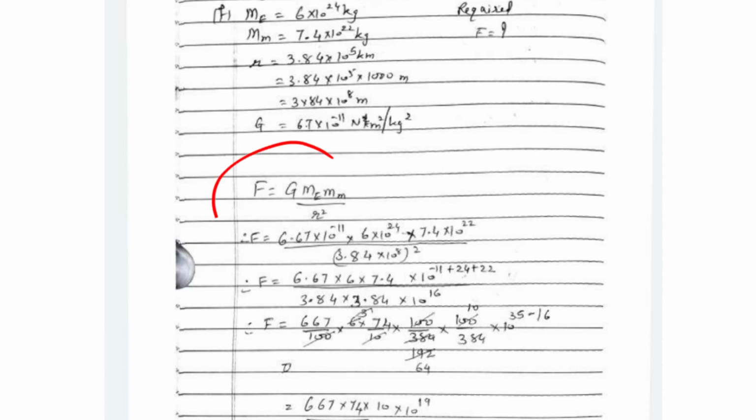So our formula will become F is equal to G into ME into MM upon R square. Nothing has been simplified yet, we have to substitute everything. Okay, so I am substituting it.